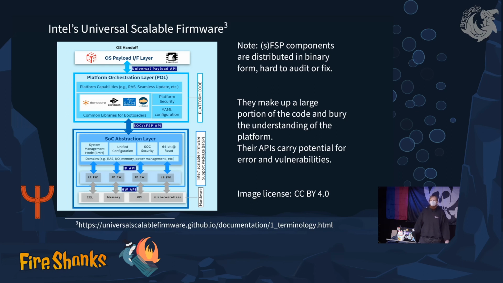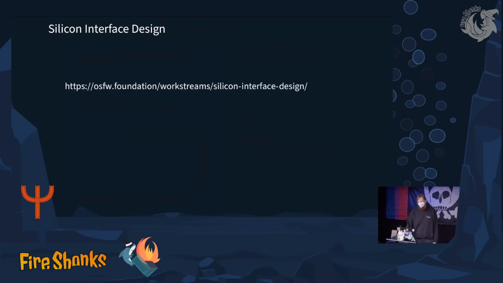It's a large collection of binaries, so they are not open. It's hard to really research them. You could find problems in there, but not easily. And nowadays, it's a heavy load. They have multiple kilobytes just to initialize the RAM. That's something where there's potential to slim that down.